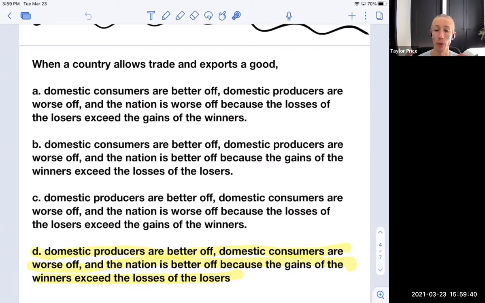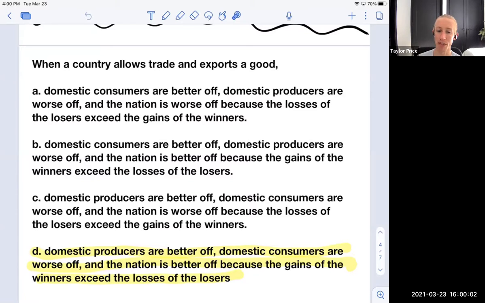For example, when there's exports, what that means is that the world price is actually higher than the domestic price. So domestic producers benefit because they can sell their good at a higher price, whereas domestic consumers are worse off because now they're paying more for the same good.